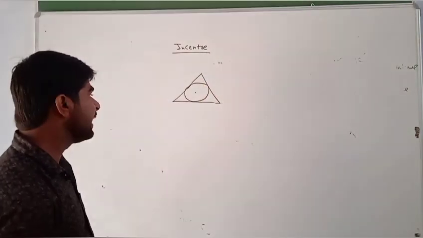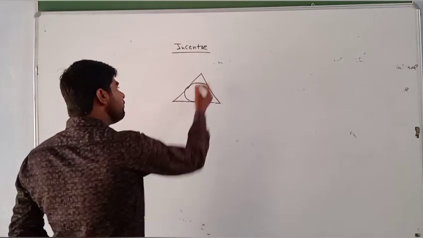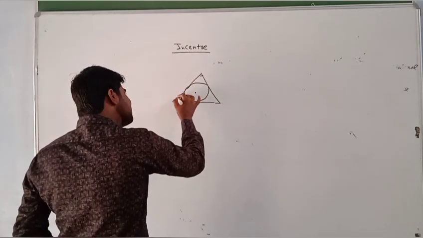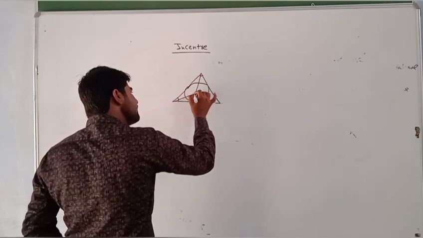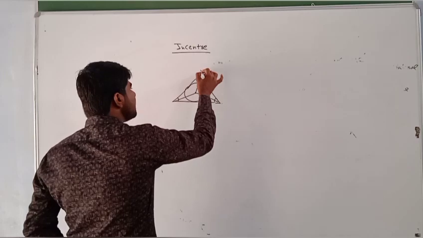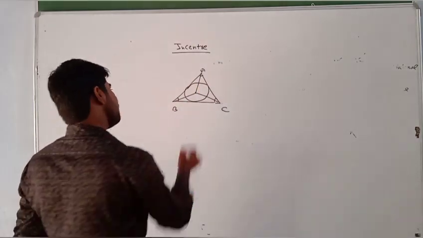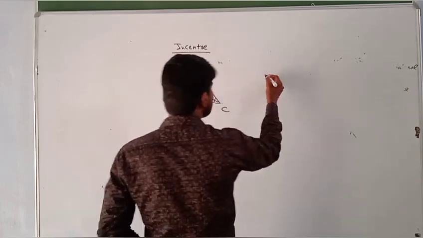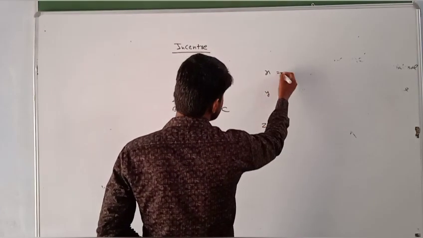Then how will it be found? It is the point where the bisectors of all the angles of the triangle meet. So it is the incenter. Now the coordinates of the incenter will be x, y, and z.